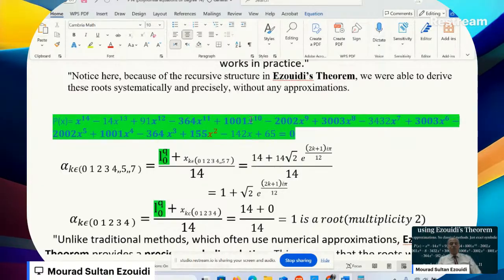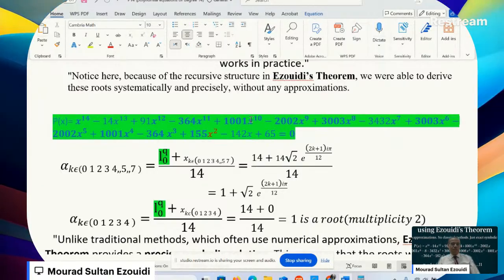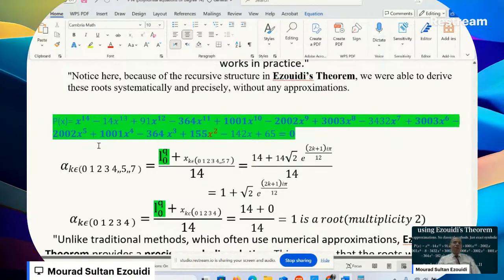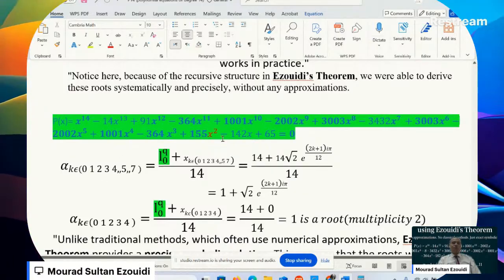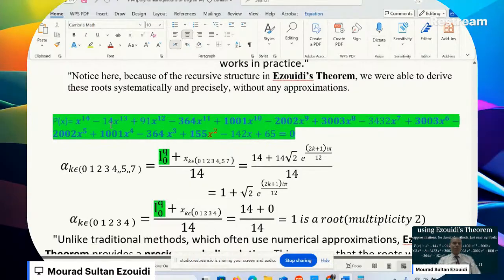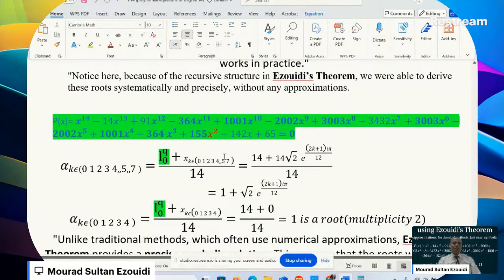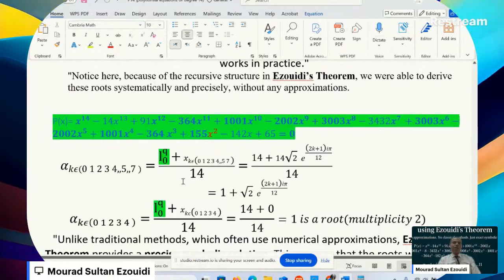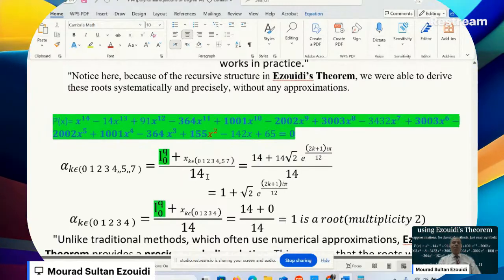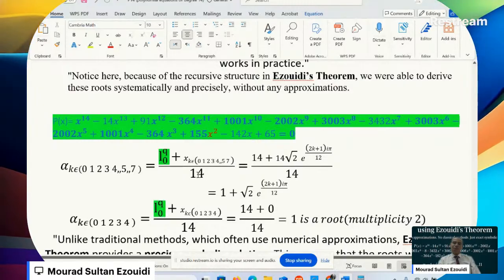Now I will go back to my recursive connection, or formula. Here, the exact roots of this polynomial are L0, which is 14, plus xk that we found before, divided by 14, simply because n is going to be 14.